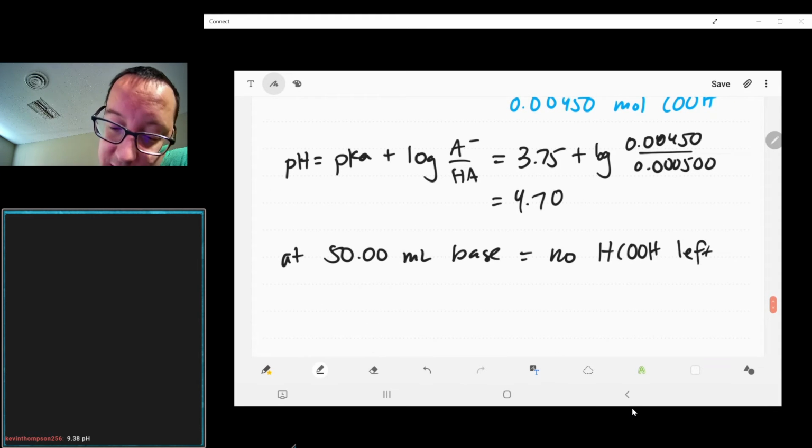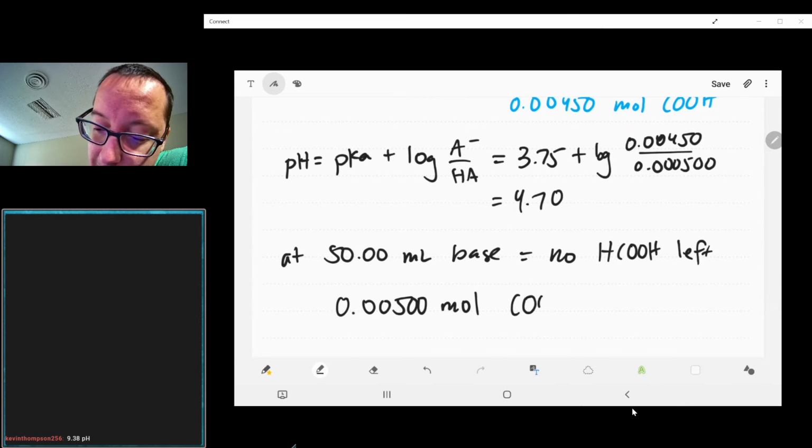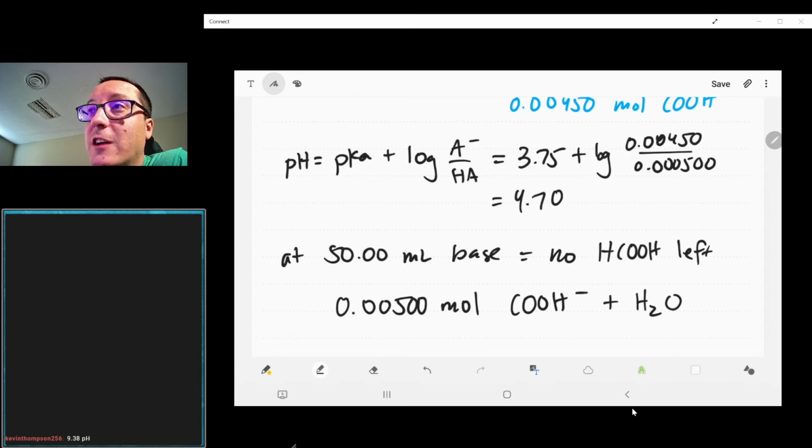And now we just have our anion. We have our conjugate base only. This is all we have going on in our reaction. Sure, some sodium ions, but who cares? Those don't affect pH, so we don't need to worry about that. So with that in mind, we can figure this out as well.